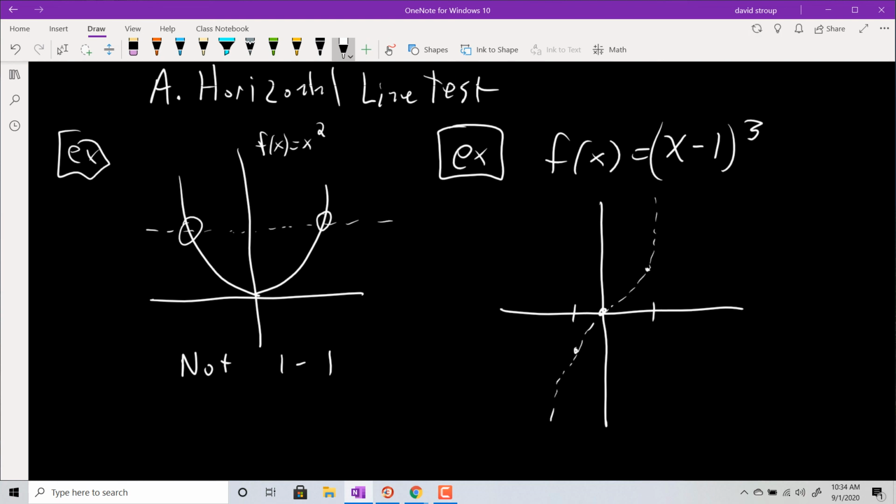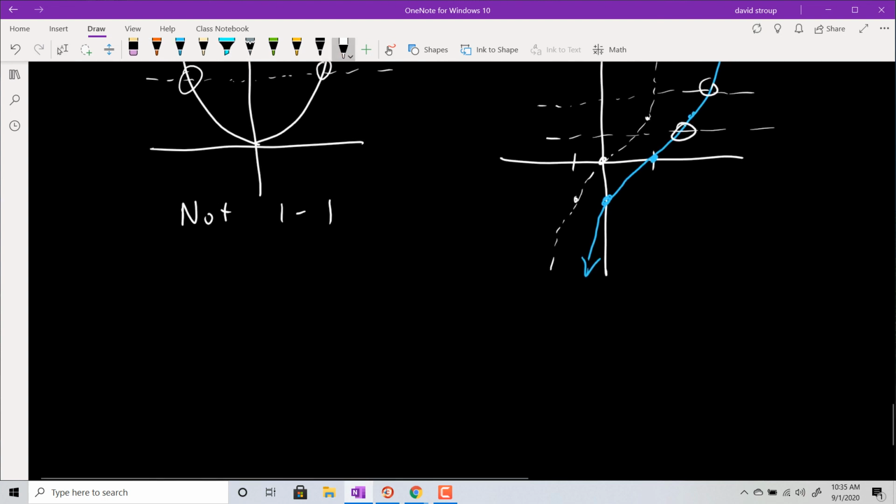And then to get x minus 1, all we have to do is shift that to the right by 1. And then we get this. Okay. So there it is. And that thing passes the horizontal line test. So any horizontal line will hit it at most in one place. And so therefore it is one-to-one, and therefore is invertible.